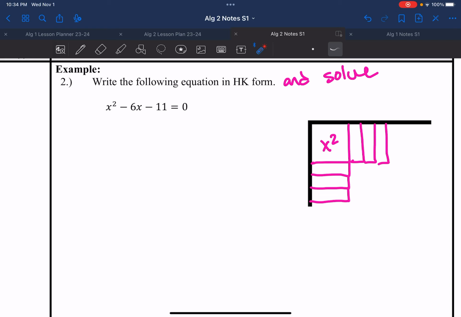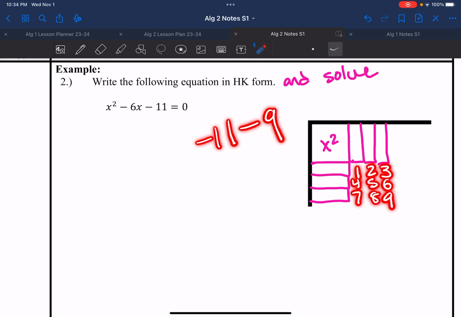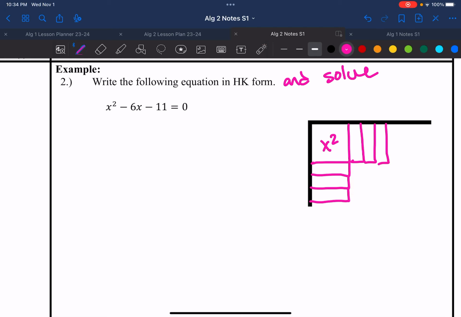So I'm going to say that we have minus 11, and we still have 1, 2, 3, 4, 5, 6, 7, 8, 9 missing pieces over here. So also missing 9. Negative 11 minus 9 is going to give me negative 20 missing pieces altogether.